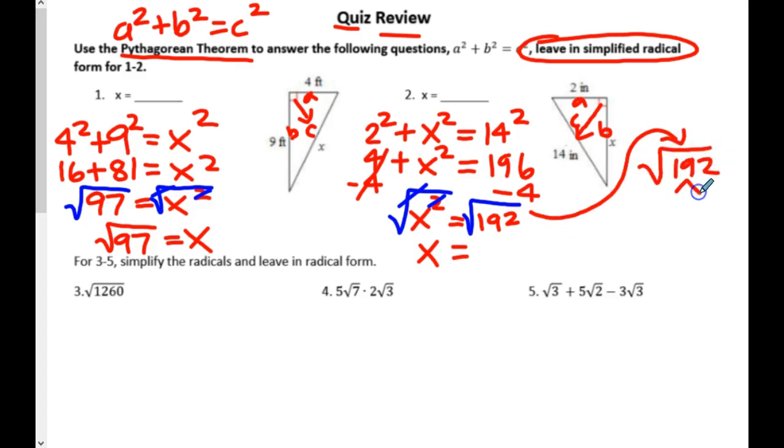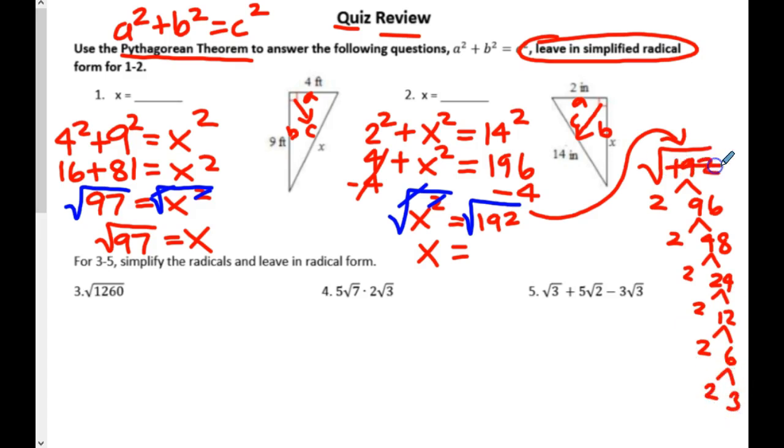It's even, so we're going to have 2 times 96, and then 96 is even, so that's 2 times 48, and then 48 is even, 2 times 24, 24 is even, 2 times 12, 12 is even, 2 times 6, and 6 is even, 2 times 3.